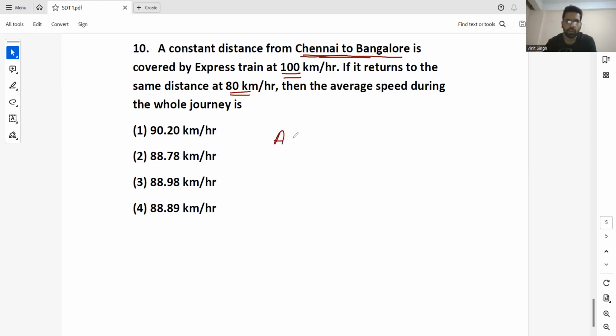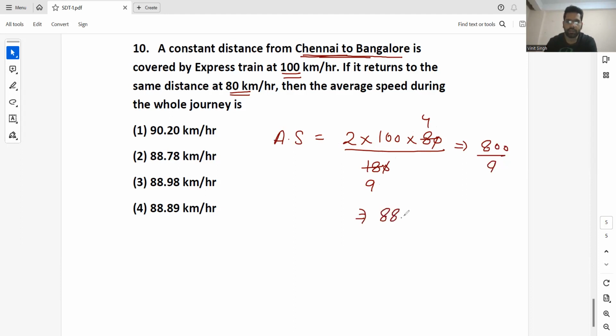Now we will apply the formula of average speed 2 into 100 into 80 upon 100 plus 80, 180. Here you will get 800 upon 9, which is equal to 88.88 and so on. Yeah, we can write it in the form of 88.89 kilometer per hour. Option number B.